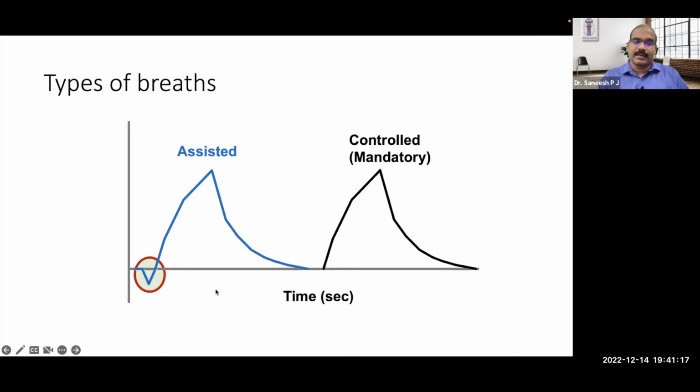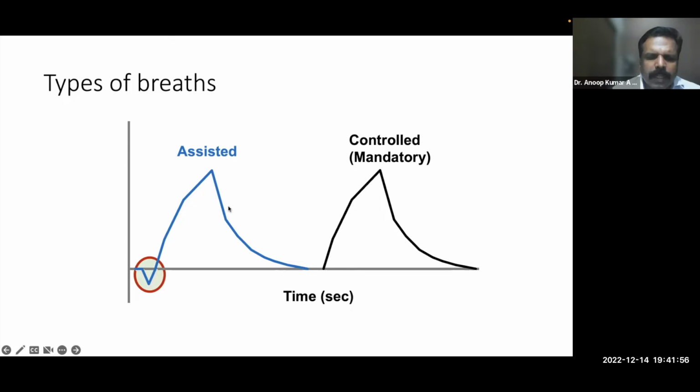But look at the curve on the left-hand side, because it starts with a negative deflection on the pressure-time graph, and then it proceeds to something like a machine-controlled breath. Or this is a prototype assisted breath, where what starts the breath is the patient. So you look for this small curve which draws the pressure tracing below the baseline. That means it is the trigger from the patient end.